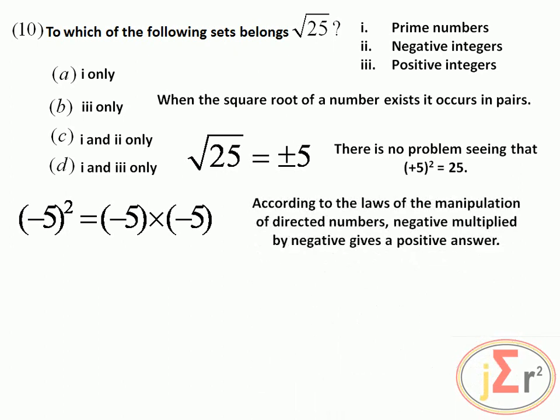According to the laws of the manipulation of directed numbers, negative multiplied by negative gives a positive answer. So there we have a positive 25 with, of course, that plus sign before indicating that it is a positive 25. But we may write it as 25 because the value is positive with or without the positive sign.